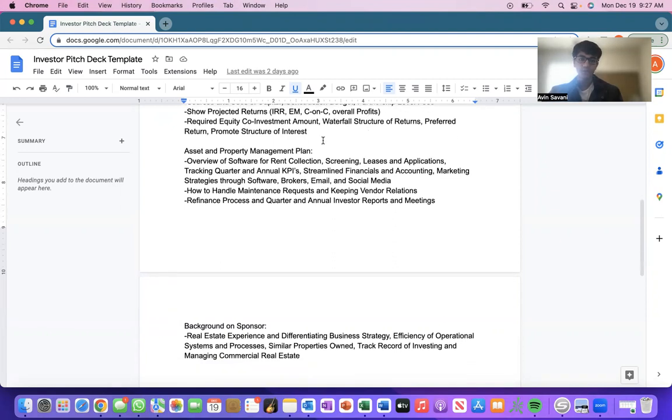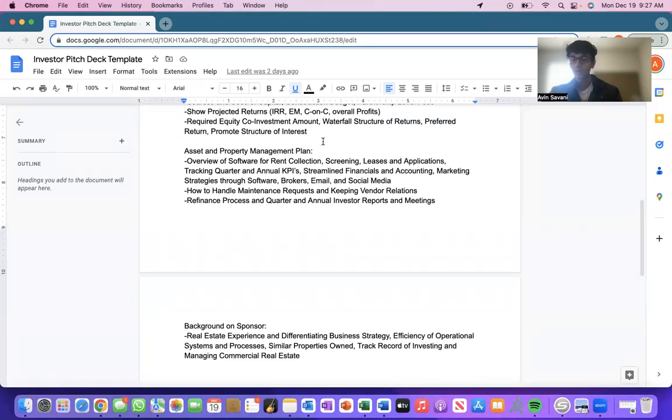So yeah, and then required equity co-investment amounts. What is the minimum amount that investors can put towards this syndication? Whether it's $20,000, $50,000, tell them about that. And then waterfall structure returns.